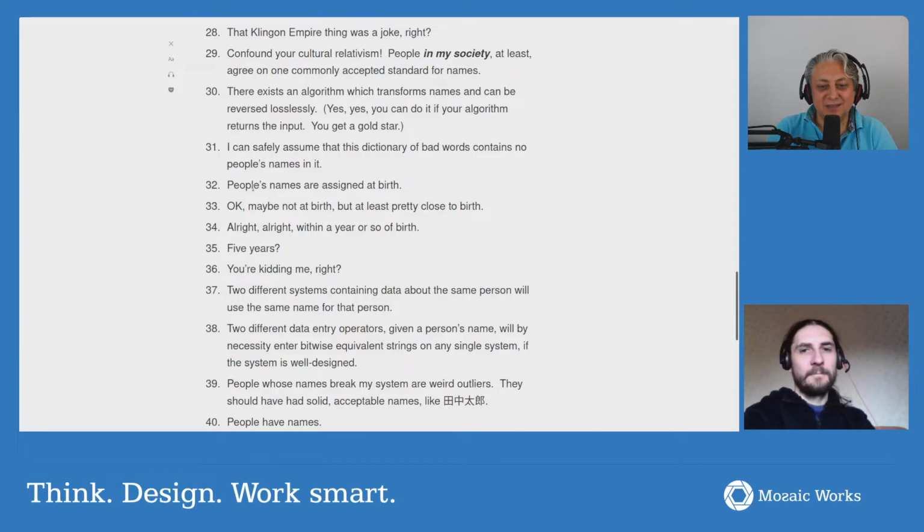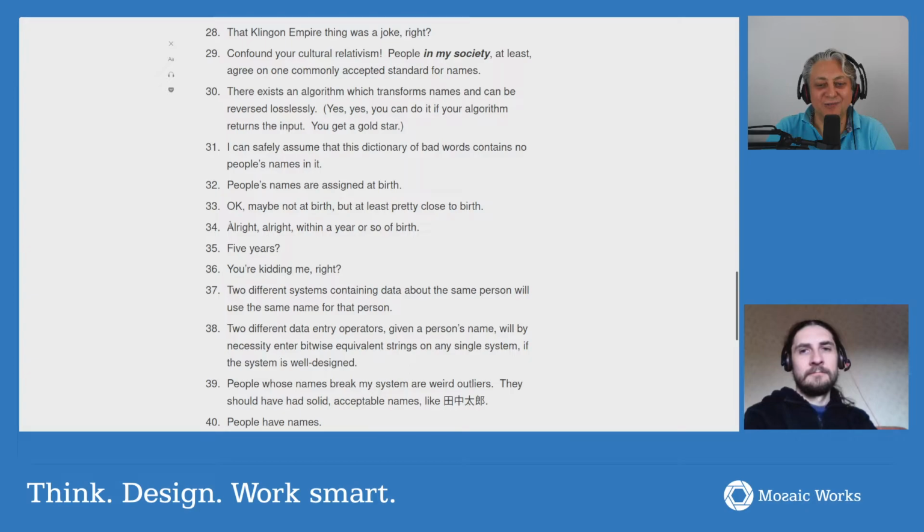People's names are assigned at birth. That's true in many countries, but not everywhere. I remember, for example, in some indigenous tribes you would get your name by accomplishing something. So this means that you would get your name because of what it points to later.